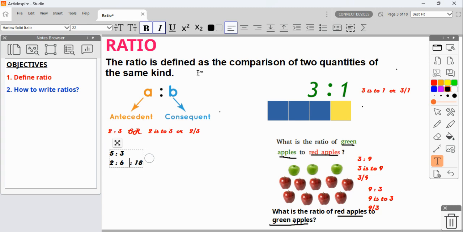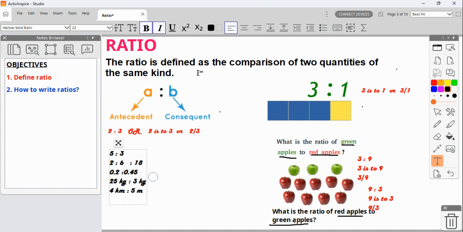And next example is 0.2 ratio 0.45. Yes. Ratios can be in decimals also. 25 kilogram ratio 3 kilogram. Unit can also be there, or 4 kilometer ratio 5 meter.